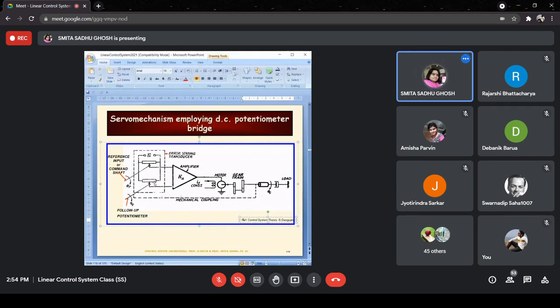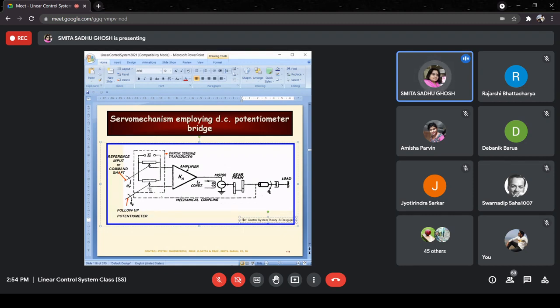But anyway, you can understand that theta r is what is written at the shaft to which this pointer is connected, and theta c is what is written at the shaft of the second pointer given over here.